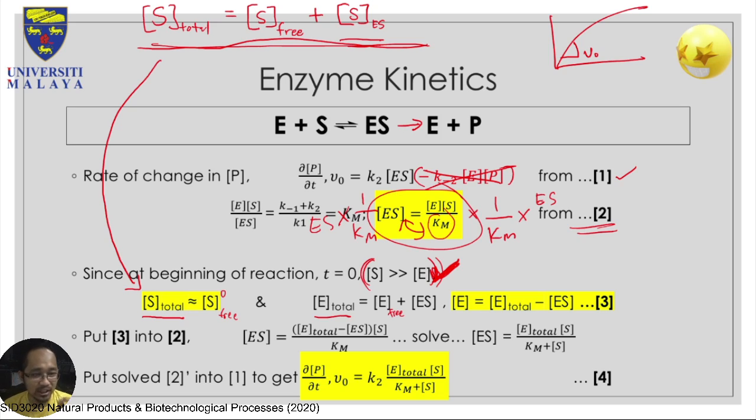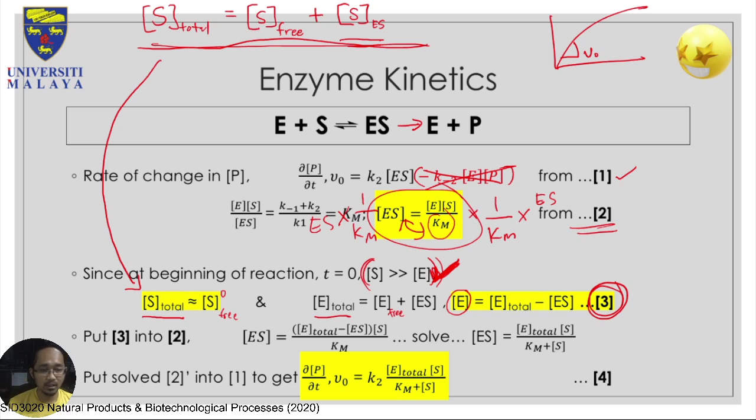Because the E total is very little, you cannot assume that the ES complex is negligible. So E total is considered as E free plus the ES complex. When you rearrange this, you get E free equals E total minus ES. I'm hoping this one is easier to understand, and we consider this as expression number 3.